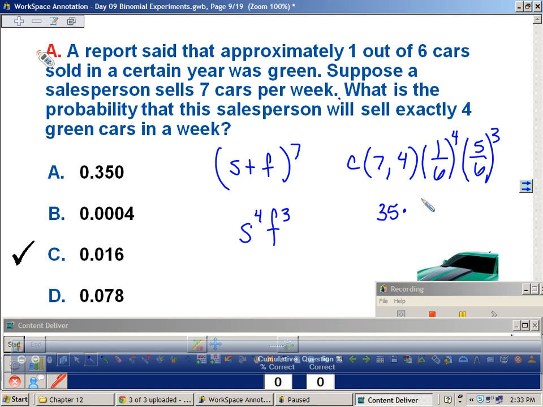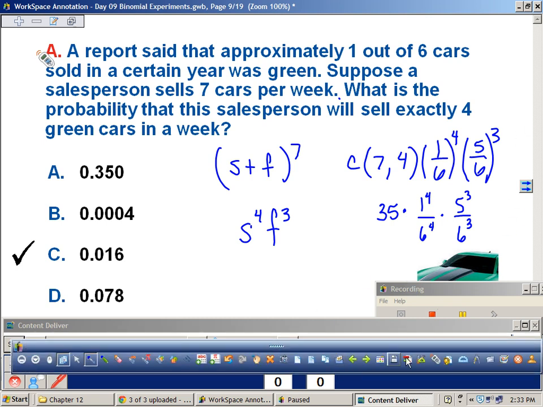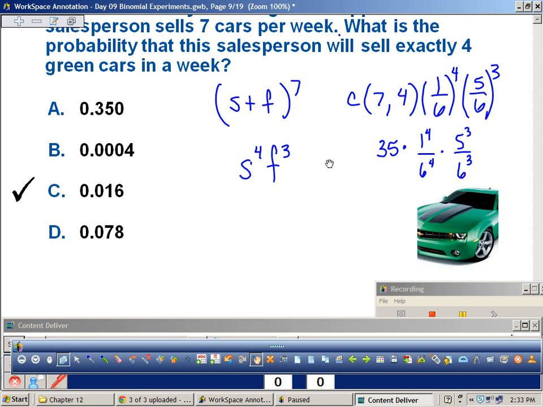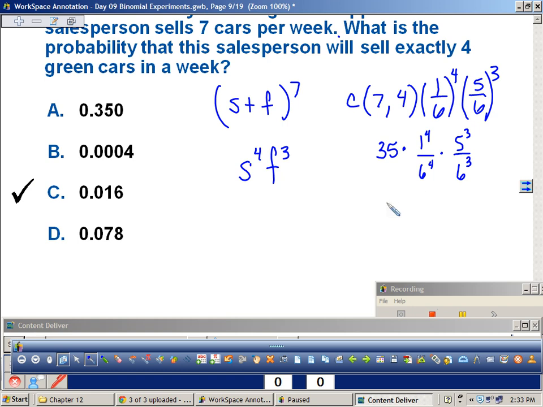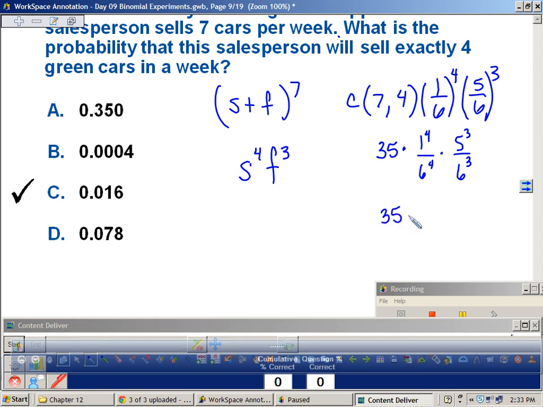Each one of these is 1 to the 4th, 6 to the 4th, 5 cubed, 6 cubed. But if you're multiplying straight across, that would be 35 times, 1 to the 4th is always going to be 1.